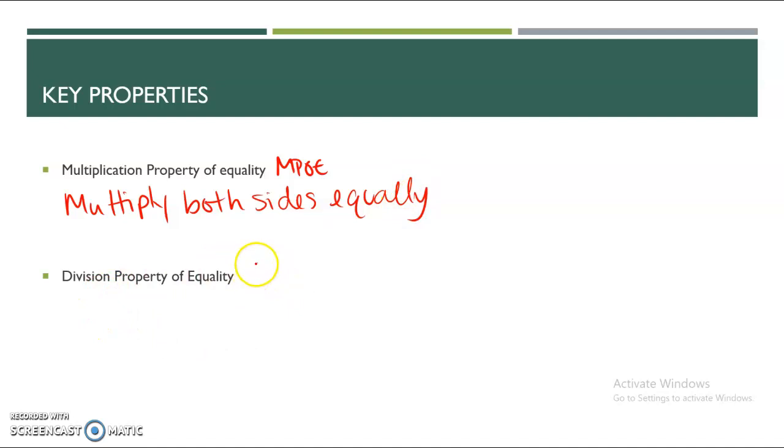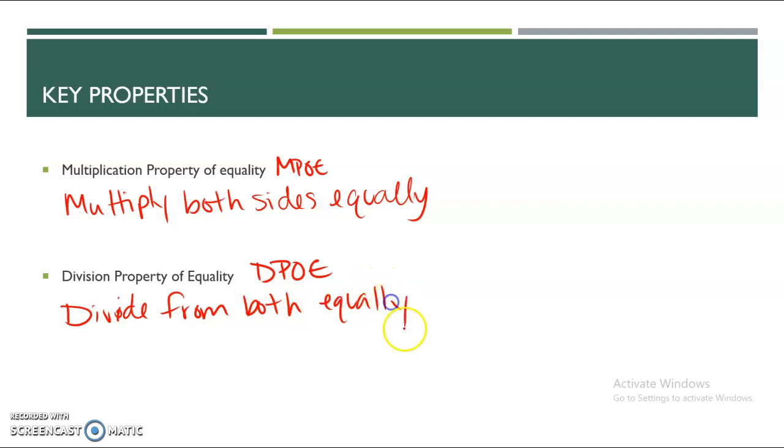And then the division property of equality, which I refer to as DPOE or DPO, that means we divide, helps if I can spell, divide from both sides equally. All right, so those are our properties, and now let's actually put them to use.